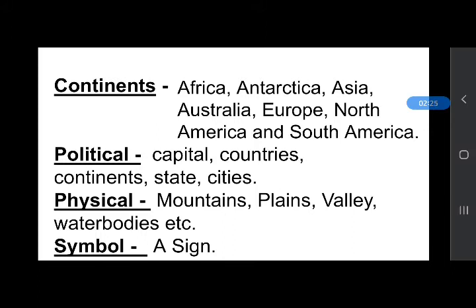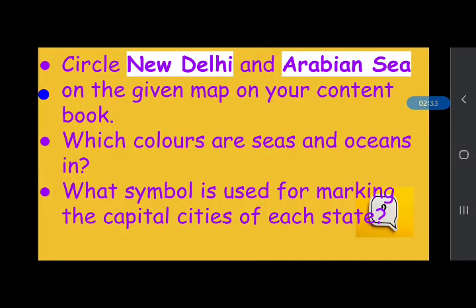So now open your content book and look at the political map of India in the section Atlas. Now look at the political map carefully. A political map shows cities, continents, capitals. Now circle New Delhi and Arabian Sea on the given map.